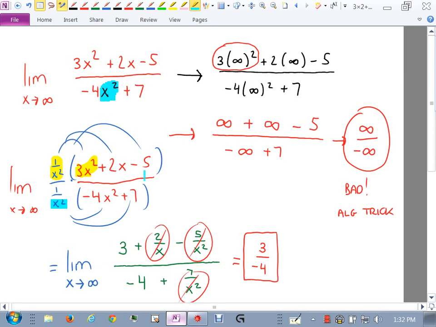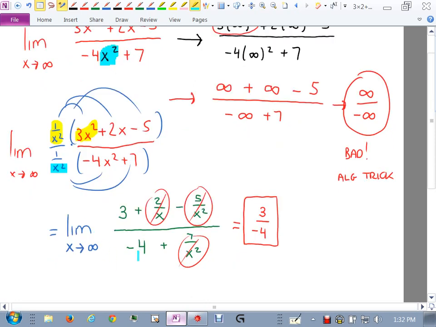Because what's always going to happen on this first multiplication right here, if this is the same power as this one, it'll cancel out and I'll be left with just a number, right? And that number will not be affected by x, which means when I let x go to infinity, this will not be 0, so I will not have division by 0. Does that make any sense at all? Okay, that's why we do it.